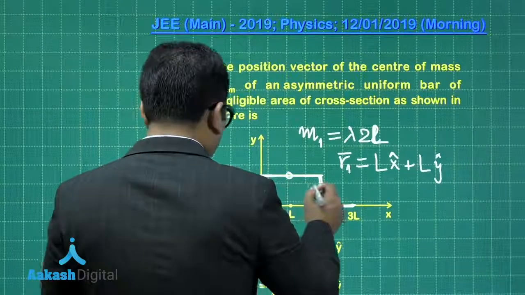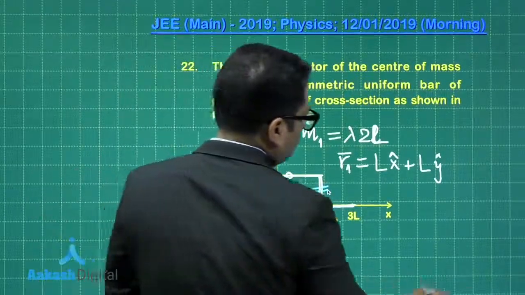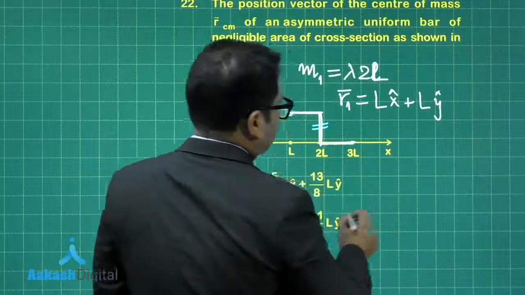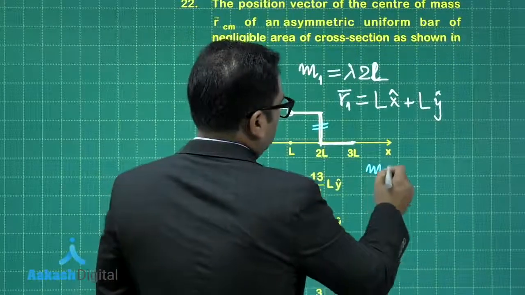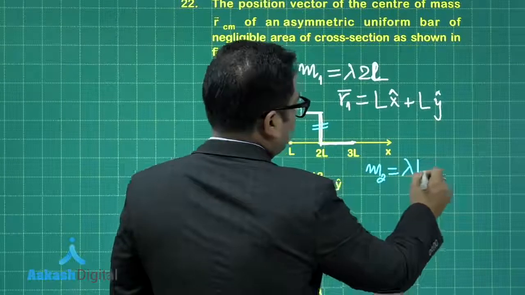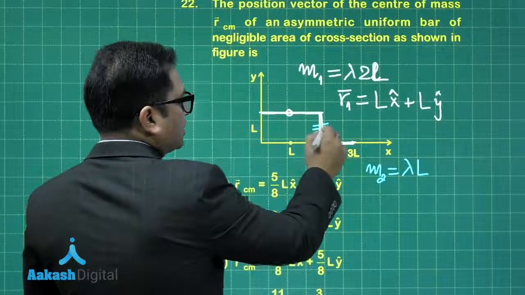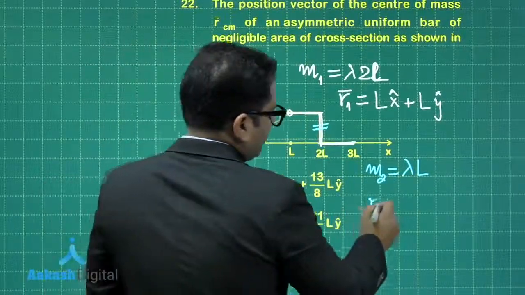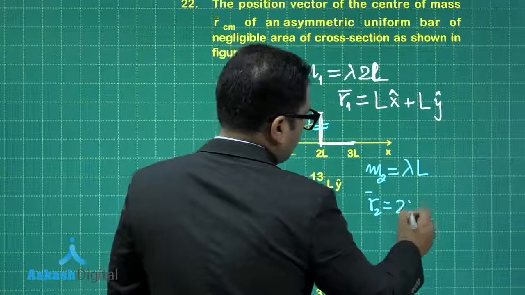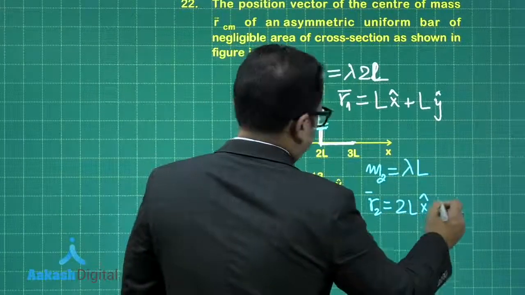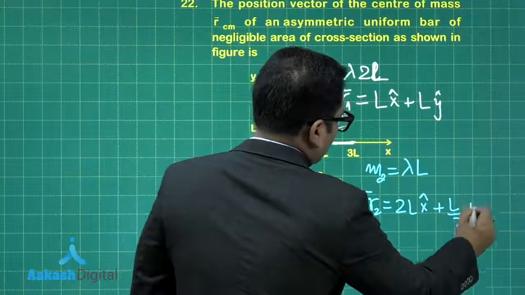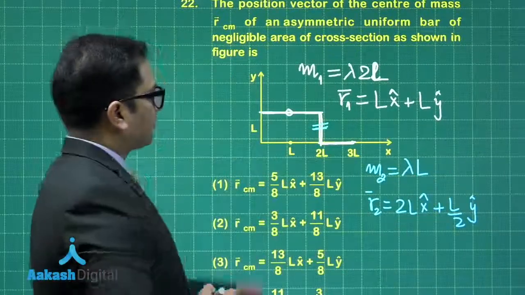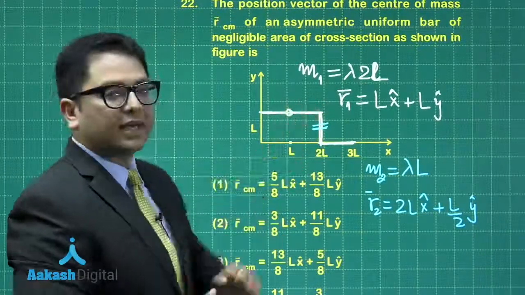For this, we'll call it M2, and M2 is lambda multiplied by L, and the location of the center of mass in terms of position vector would be 2L x cap plus L by 2 y cap. That's how it goes.